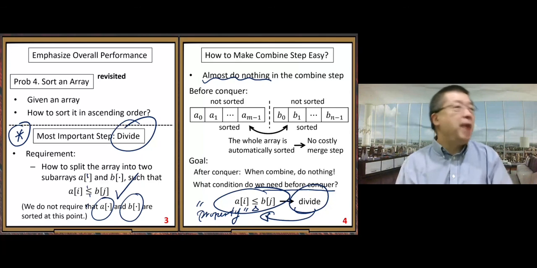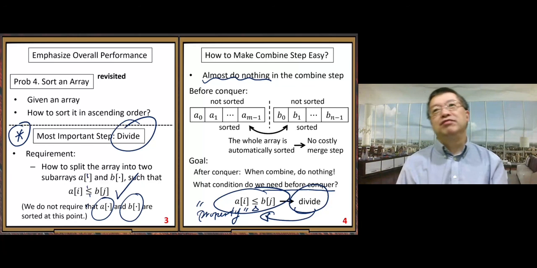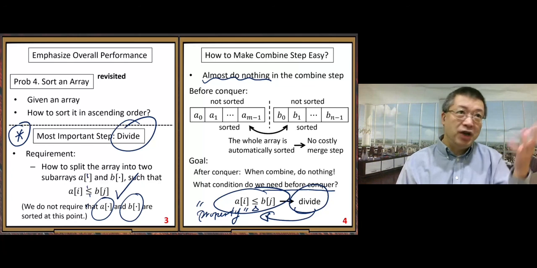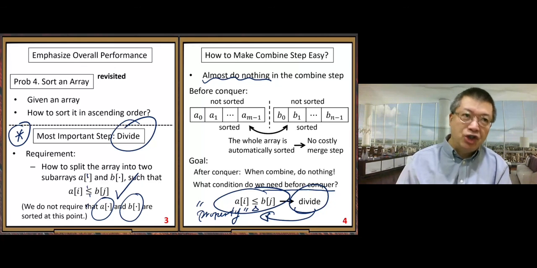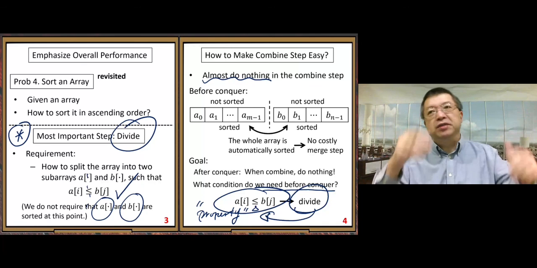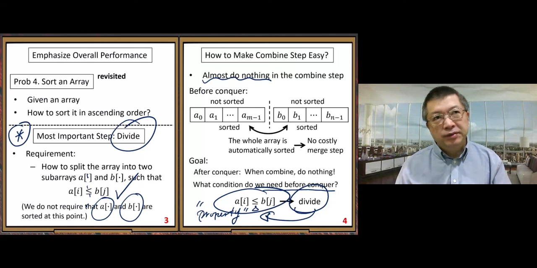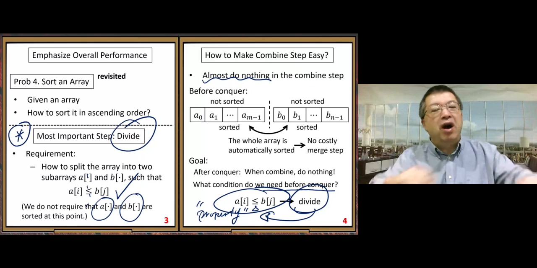It's automatic. That's the good thing about recursion. Although we have to pay some cost, the cost is usually not cheap, but the result is very good, so we will take it. That's the introduction part.